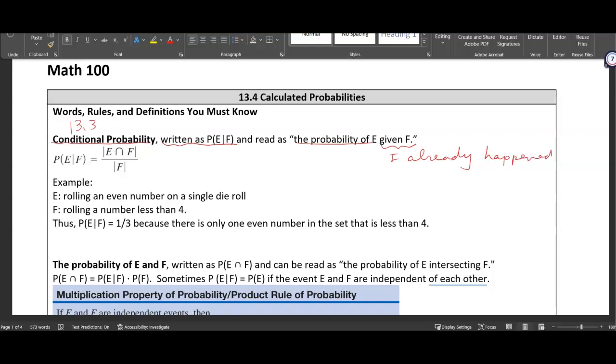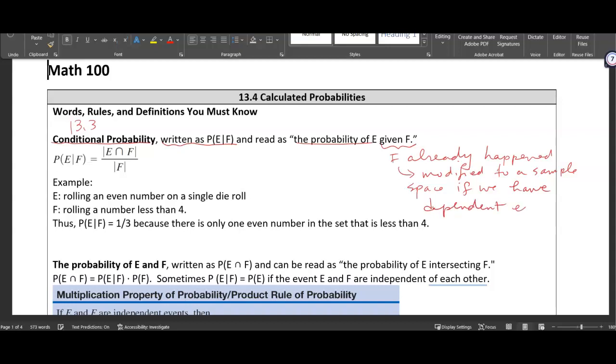It means we move to a new sample space if we have a dependent event. We'll have more examples later.